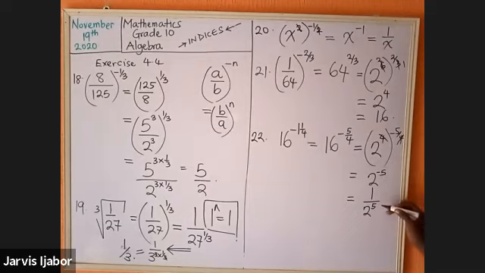Apply your knowledge of reciprocal. Sorry about that, and that will give you 1 over 32. 2 multiplied 5 times will give you 1 over 32. Right, so that takes care of that, and that is that for question 22.